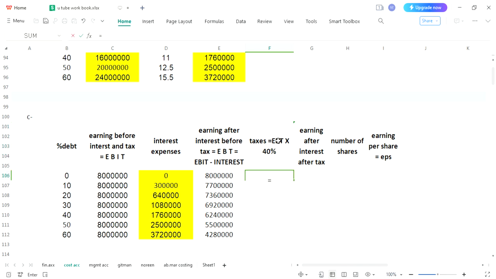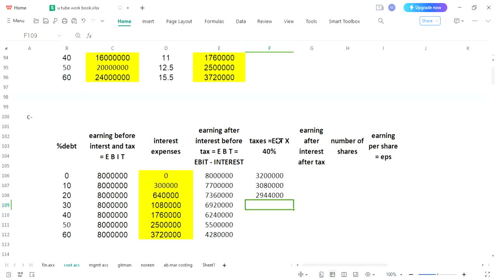This is EBT, and you will multiply it by 40 divided by 100. You have got the amount of tax, which is 32 lakh. And then again, this was your before tax income, and you will calculate 40%, and this would be your tax amount: earning before tax multiplied by 40 divided by 100.